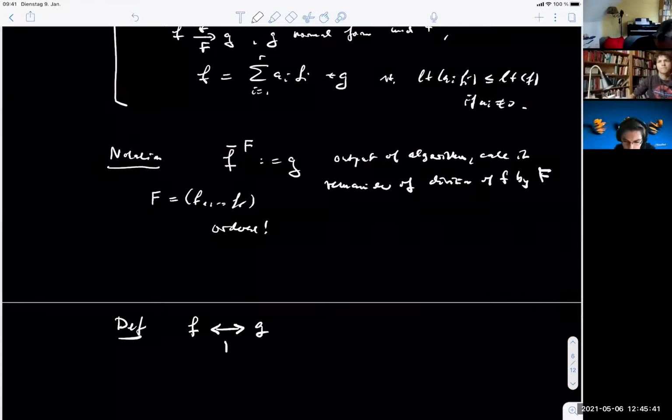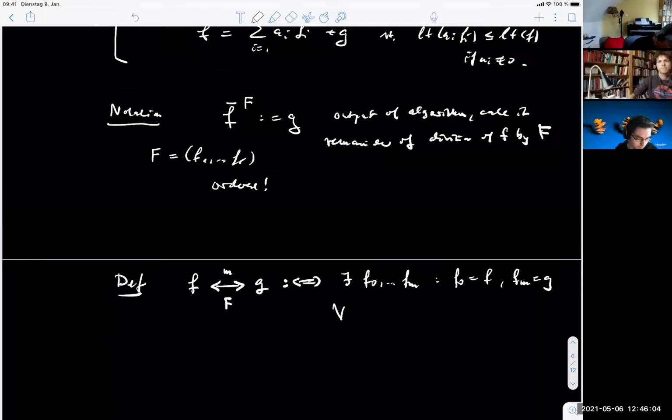I put an F, maybe here an M. So this means there are polynomials f0 up to fm such that f0 is f, the first one, and the last one, fm, is g.